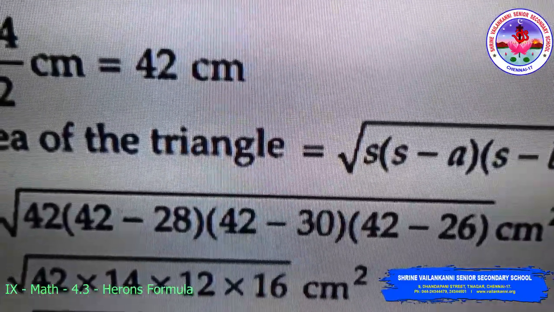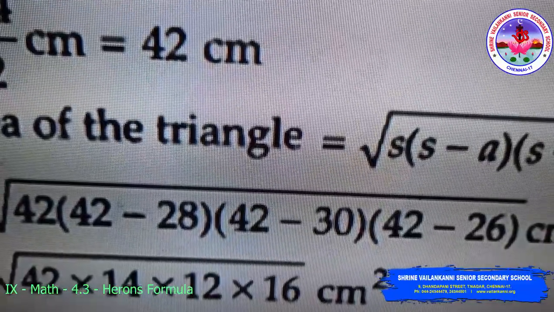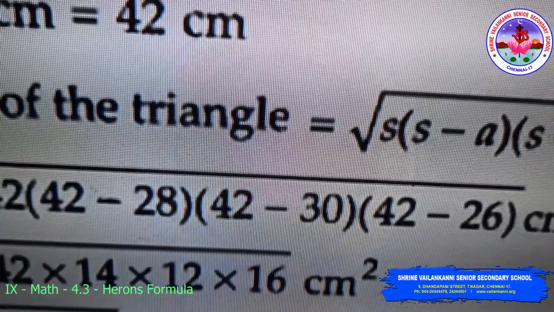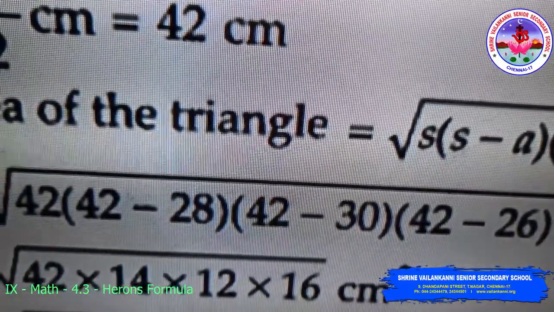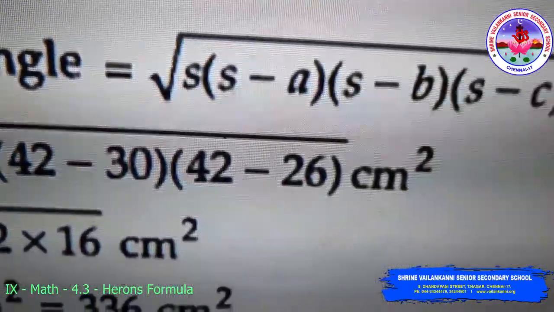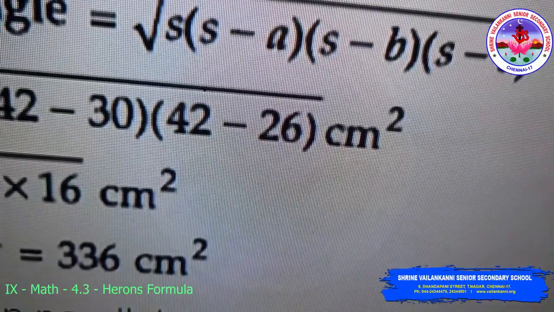Now splitting up all the terms in the bracket, 42 is 6 into 7, 14 is 7 into 2, 12 is 6 into 2, and square root of 16 we will get 4. After removing the common terms from the bracket, we get the area of the triangle equal to 336 centimeters square.